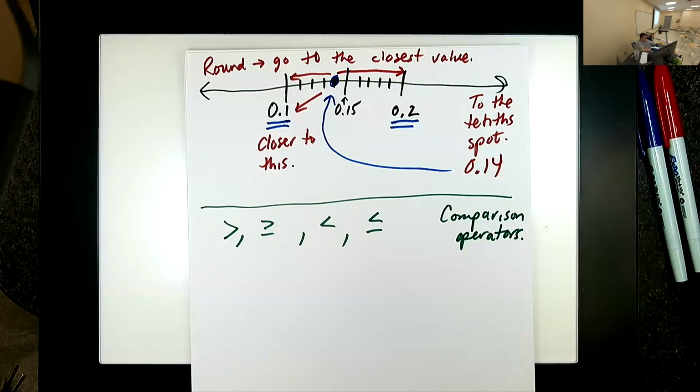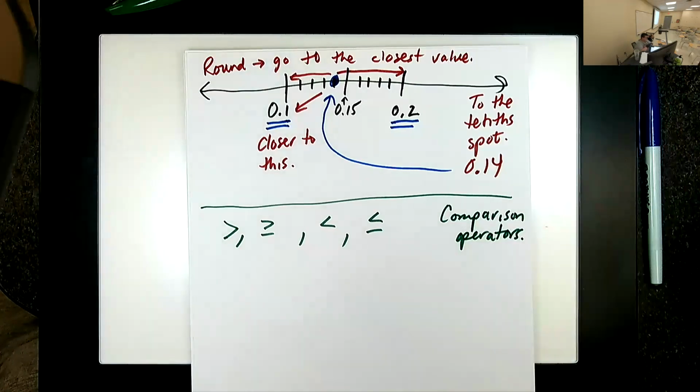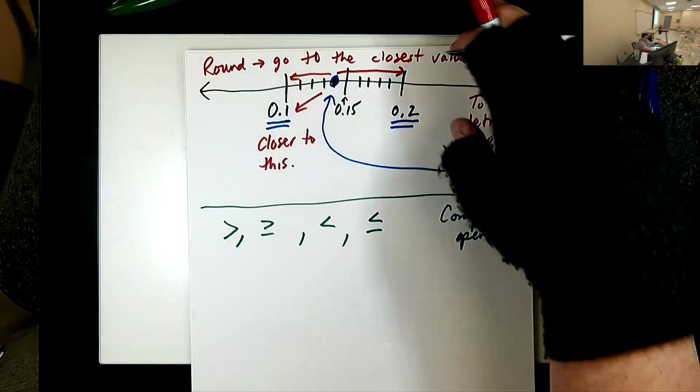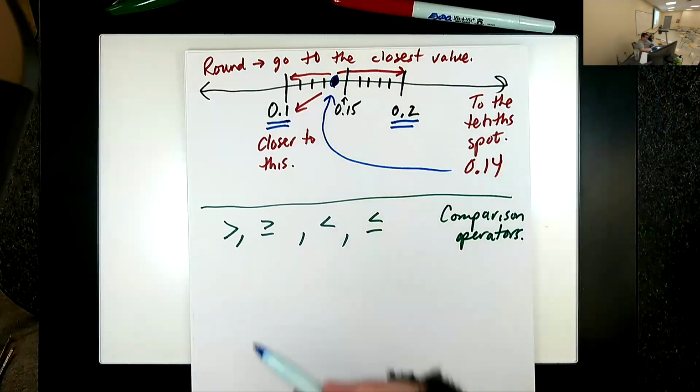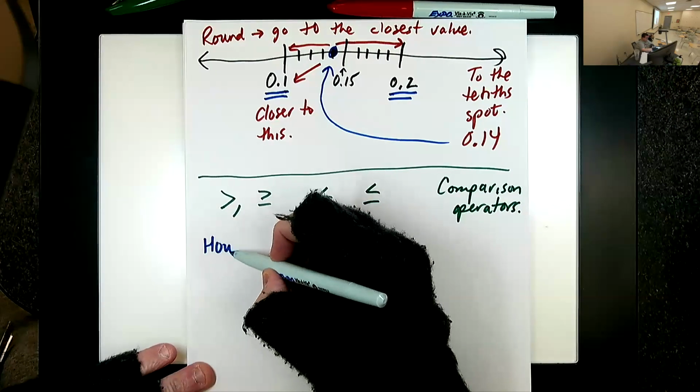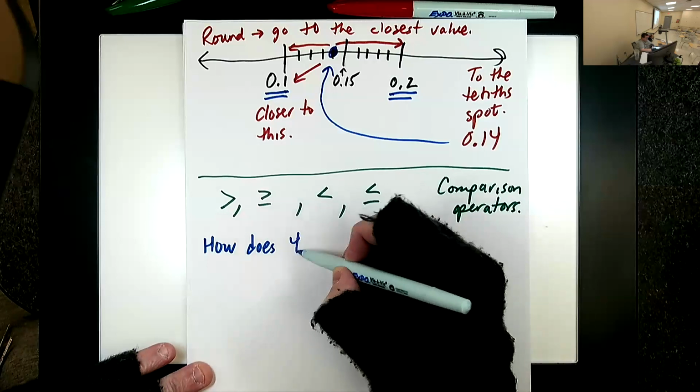So this is like comparing numbers. So like, what if we had, how does 4 compare to 5?